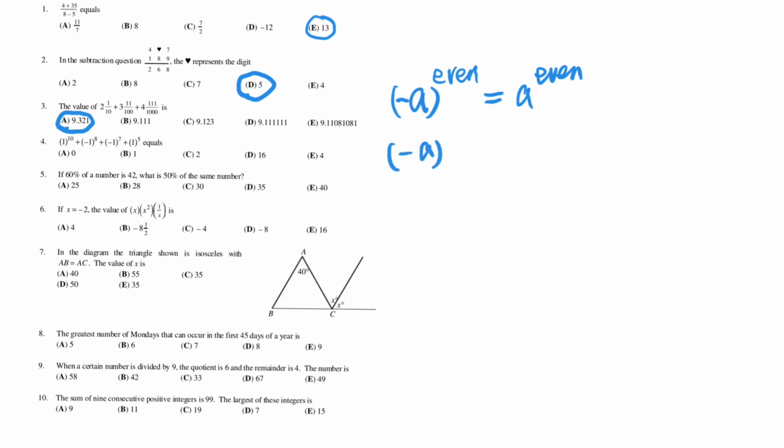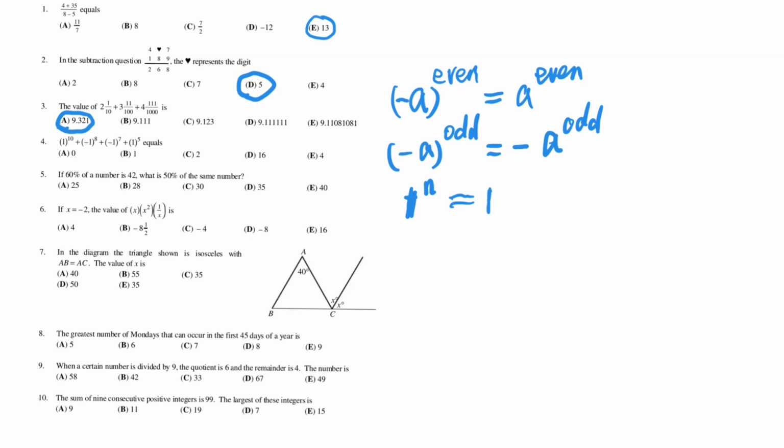Negative a to an odd power gives us negative a to the odd power. And 1 to any power is still 1. 1 to the power n, 1 times 1, n times, is still 1. So that's all for our exponent rules.